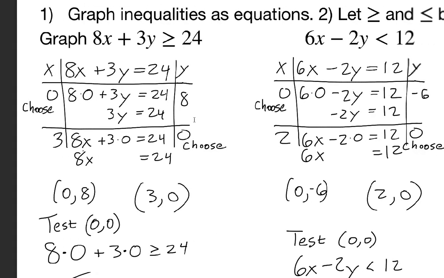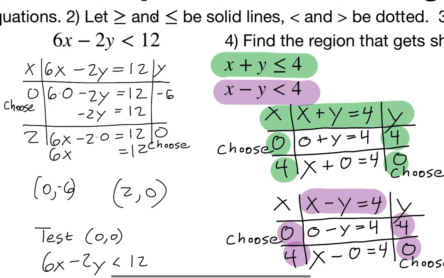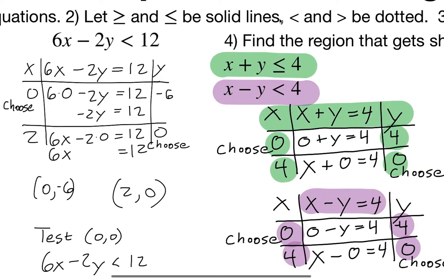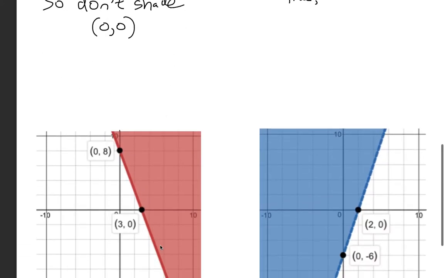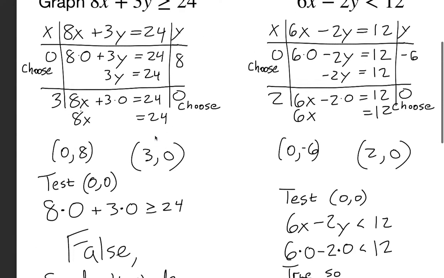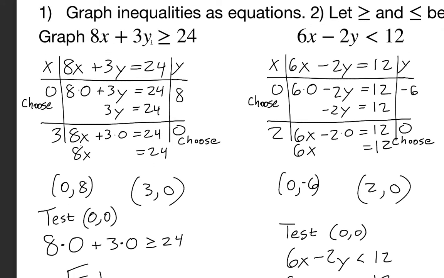Here we say these are going to be represented with solid lines and these with dotted lines. That's how we know that this boundary line represents that the boundary is also included in the region. So (0, 8) is on the boundary. It separates all the solutions, all the ordered pairs of x and y that actually do satisfy the inequality.